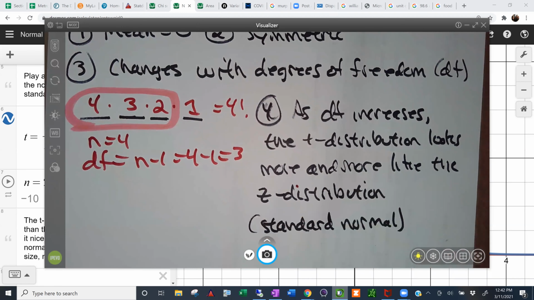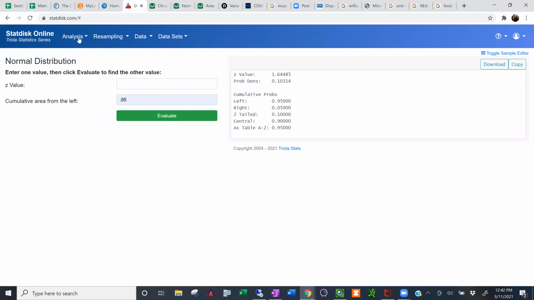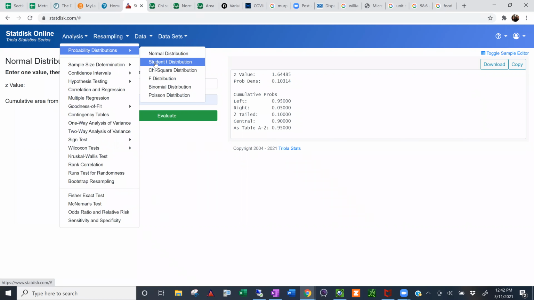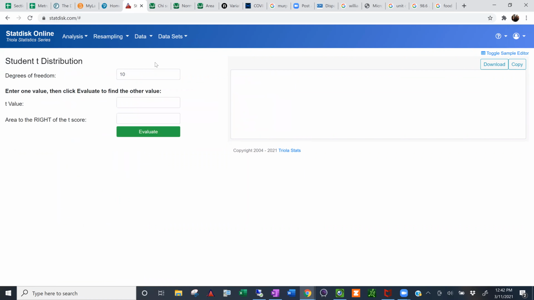All right, so open up statdisk, and then we'll go to the analysis menu, and then underneath there would be probability distributions. From there, you should see the student t distribution. So over to statdisk, then analysis, probability distributions, and then student t distribution. Should give you something like this.